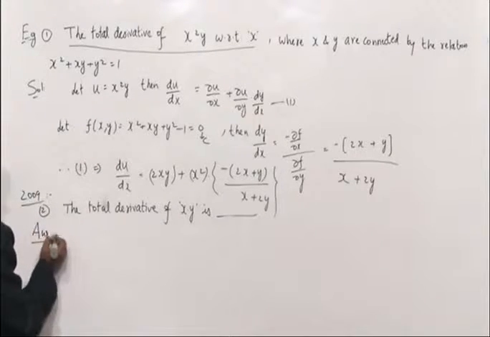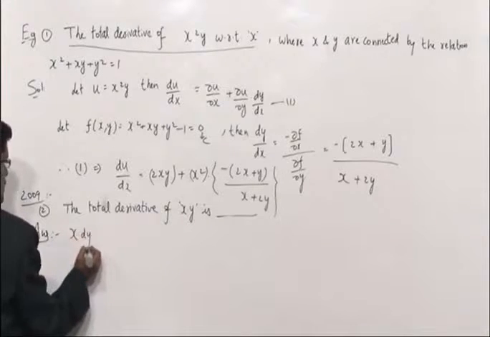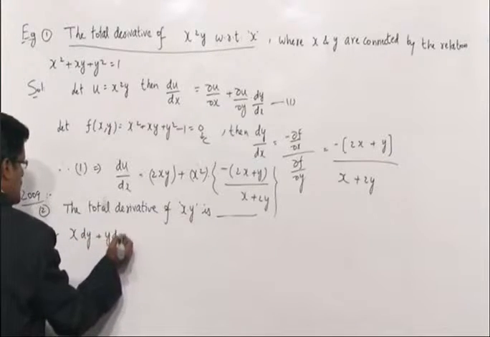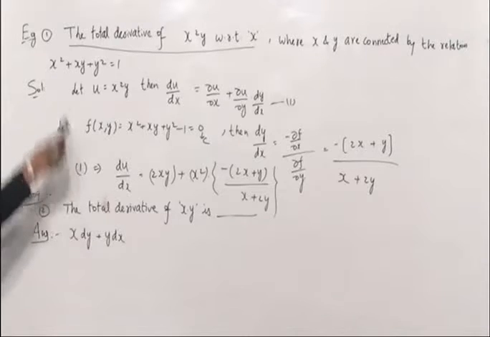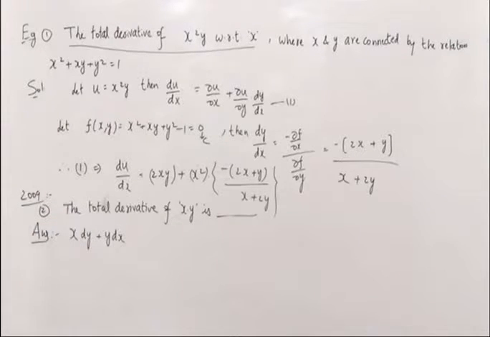Anyhow you check, I am giving the answer: x into dy plus y into dx. Later you check whether this is correct or not according to the previous three total derivative formulas, and which result is applicable properly.